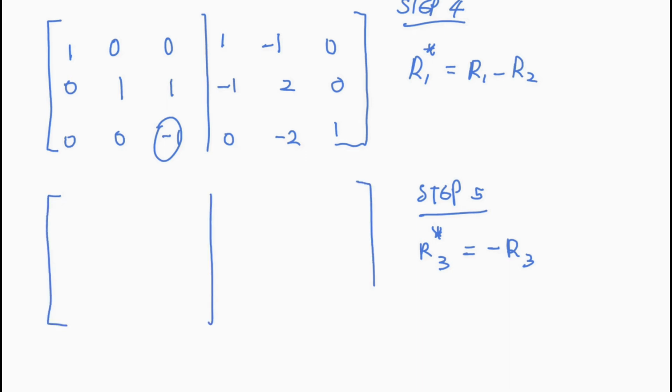So what will happen? 1, 0, 0, 1, negative 1, 0, 0, 1, 1, negative 1, 2, 0. So at the new row 3, it will be 0, 0, 1, 0, 2, negative 1.